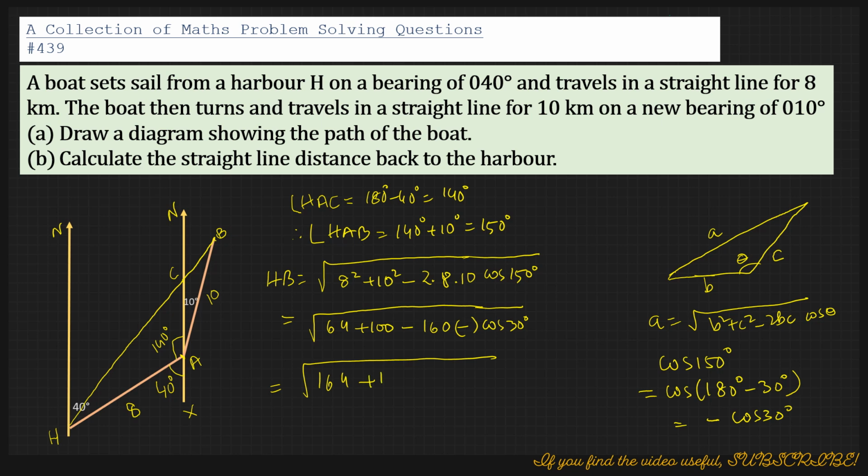That would give me 164 plus 160 multiplied by 0.866, and that would give me 302, and the square root of that is 17.4.